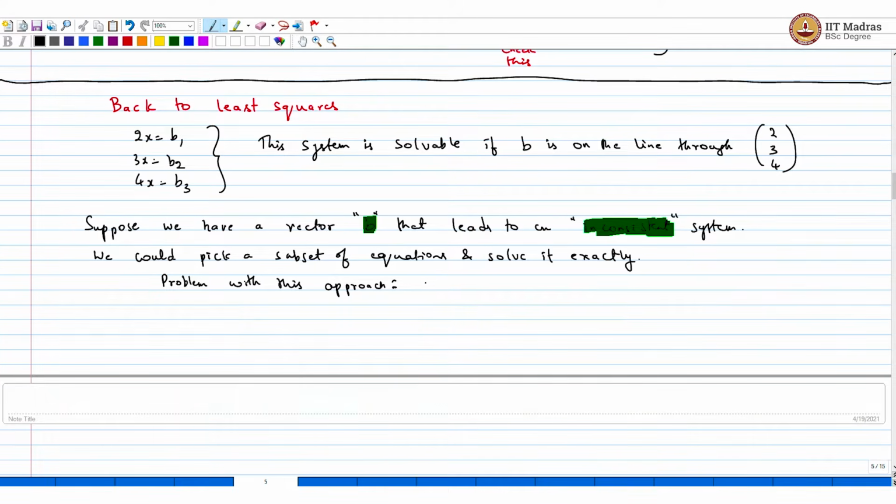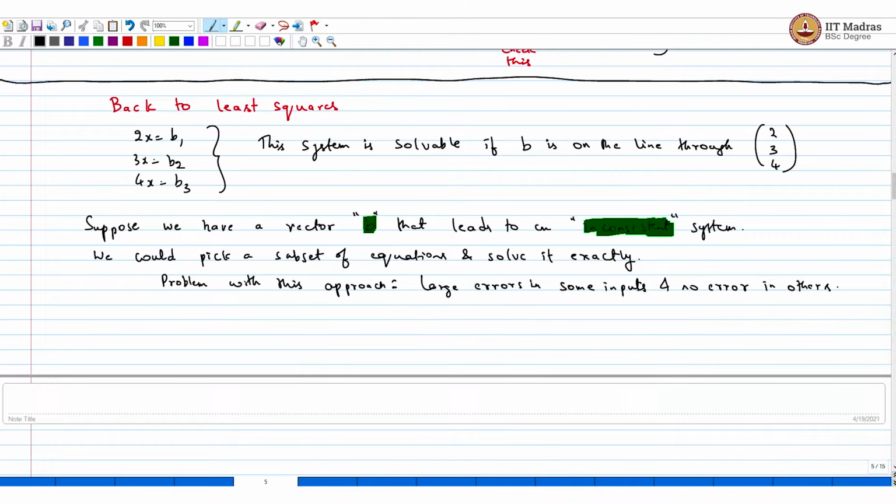What would happen is you would have large errors in some inputs and no error in others, simply because you discarded a few inputs. You discarded some input data and that could lead to possibly large error in the data that you discarded. Whatever subset you picked may be perfectly solvable, so it would have no error.